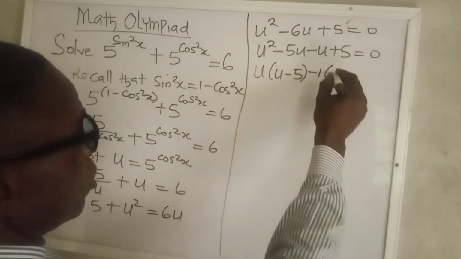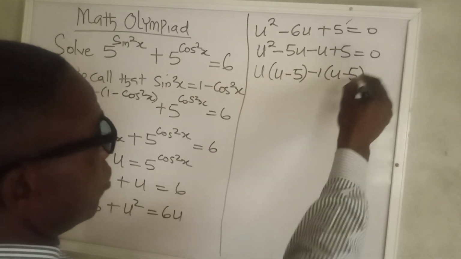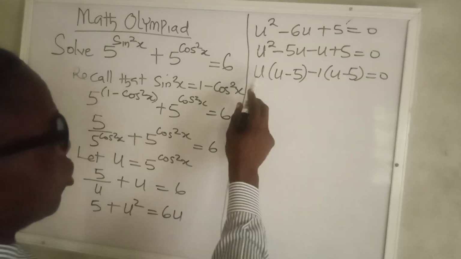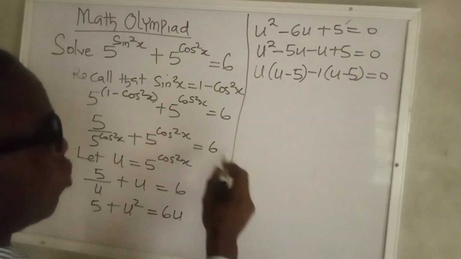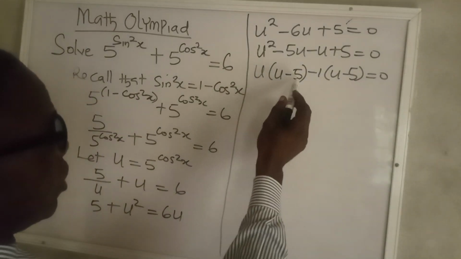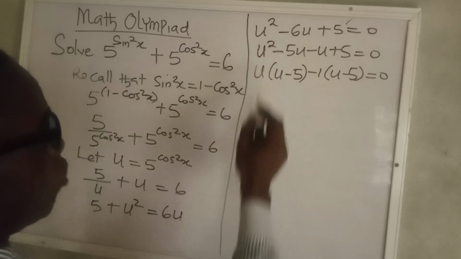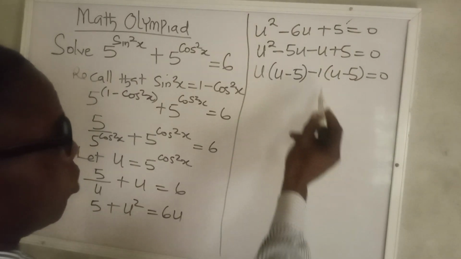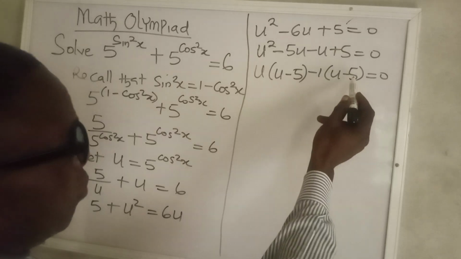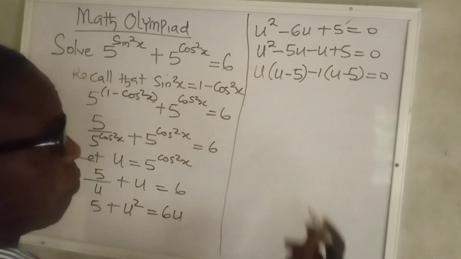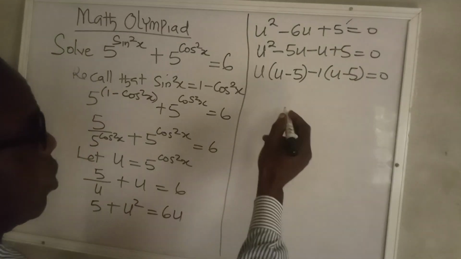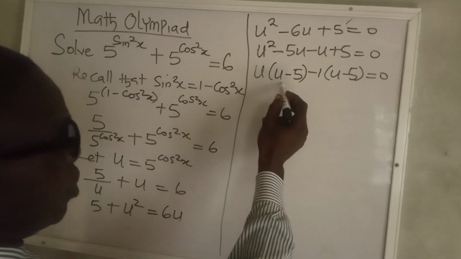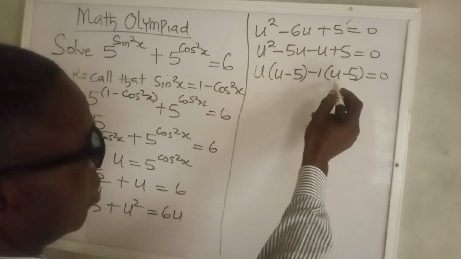minus 1 bracket u minus 5 equals 0, such that if I multiply u by u, I'll have u squared. U times minus 5 gives minus 5u. Minus 1 times u gives minus u. Minus 1 times minus 5 gives plus 5. So what is in the bracket here is the same as this.